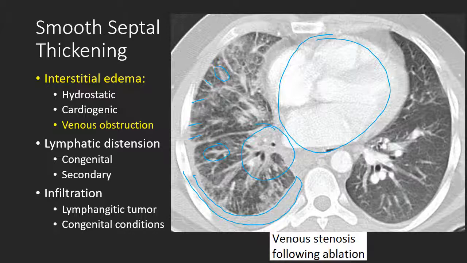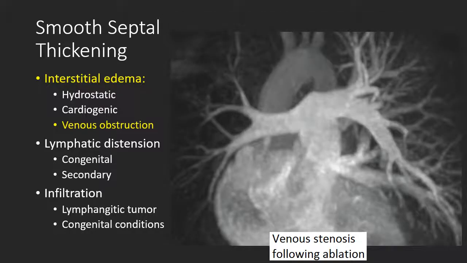The veins are then occluded, and they have no drainage back to the heart. That leads to lots of hydrostatic edema within the lung, producing your septal thickening, pleural effusions, and the bronchovascular thickening that we also see here. It's another interstitium that is thickened. So this is an example of unilateral edema following atrial fibrillation ablation. Here's the 3D volume rendered image following a CT venogram.